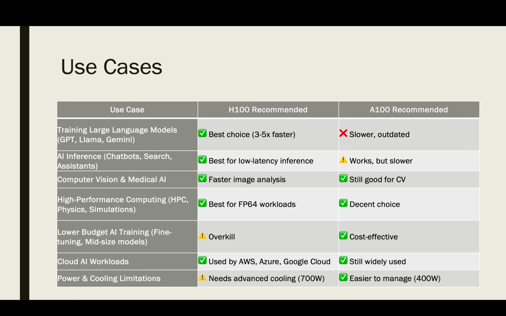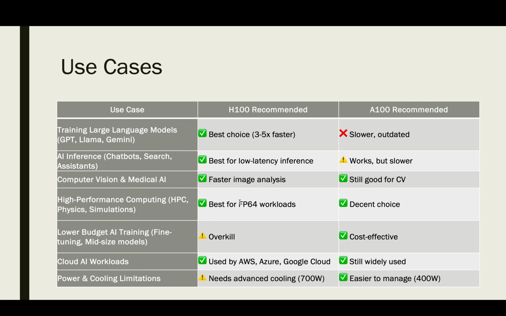For cloud AI workloads, used by AWS, Azure, and Google Cloud, A100 is still widely used in the cloud. On power and cooling limitations, H100 needs advanced cooling at 700 watts, while 400 watts is easier to manage for A100.